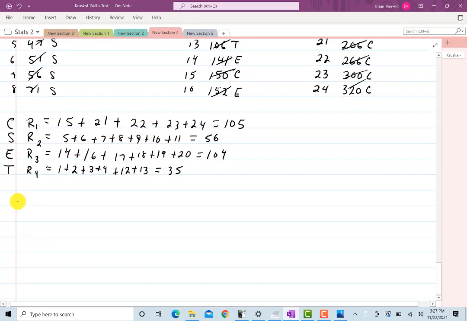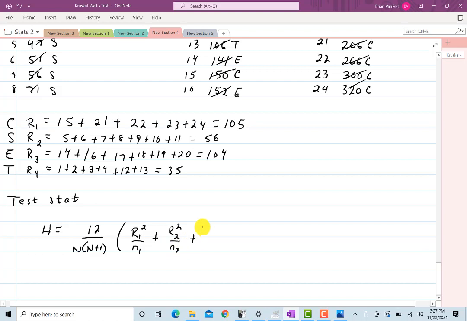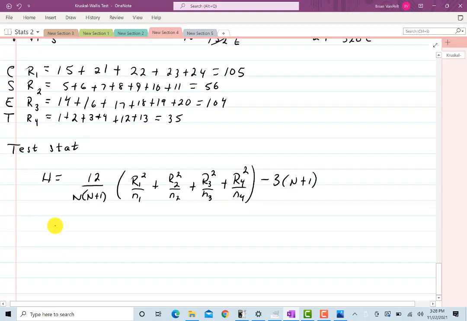Now let's get our test stat. That's H equals 12 divided by capital N times N plus 1 times R1 squared over N1 plus R2 squared over N2 plus R3 squared over N3 plus R4 squared over N4 minus 3 times capital N plus 1. And I think we've said capital N is equal to 24.